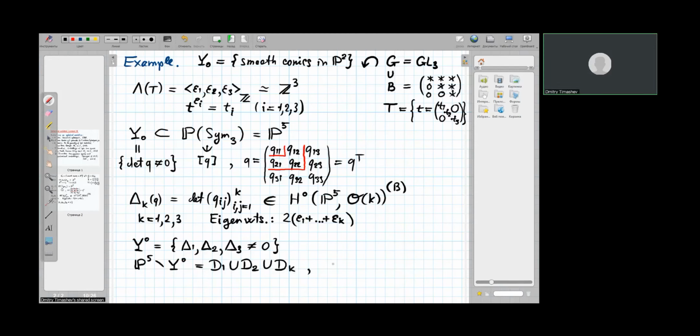Well, these divisors are just the divisors of the sections delta K. So D K is the vanishing locus of delta K. It is the divisor of this section of O of K.